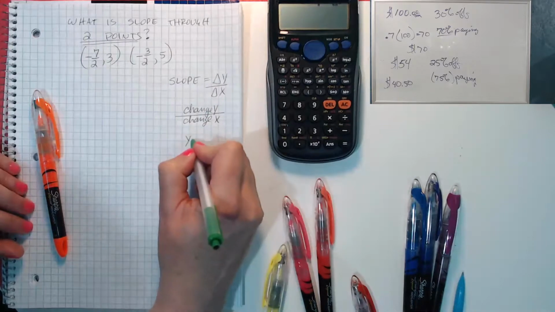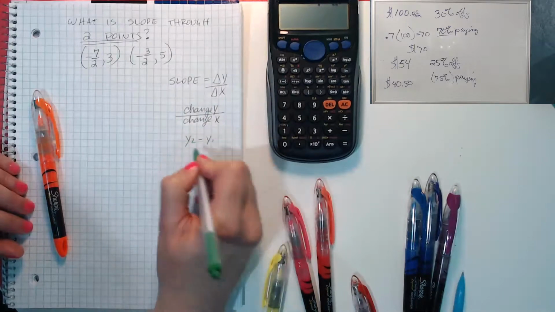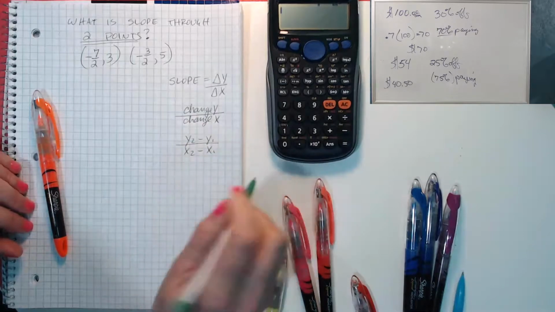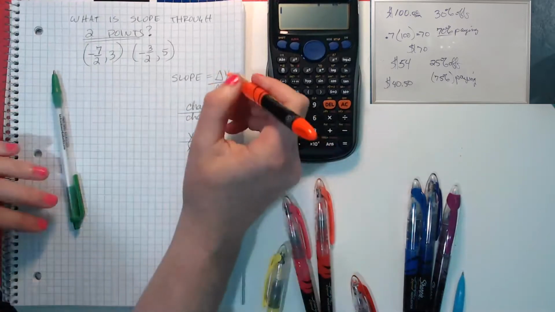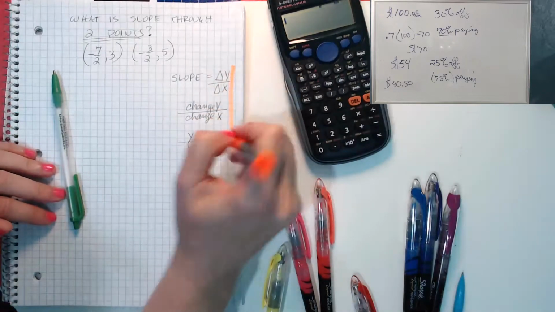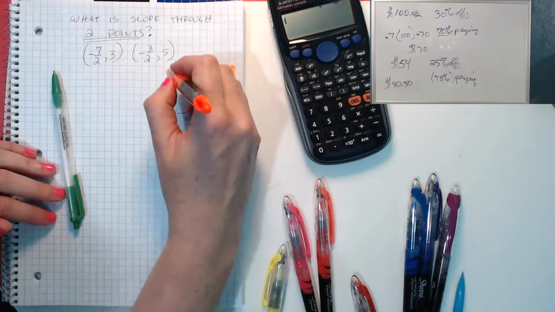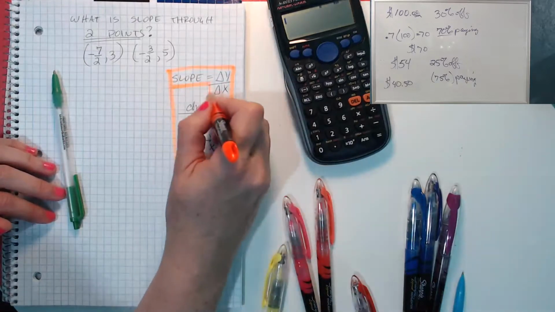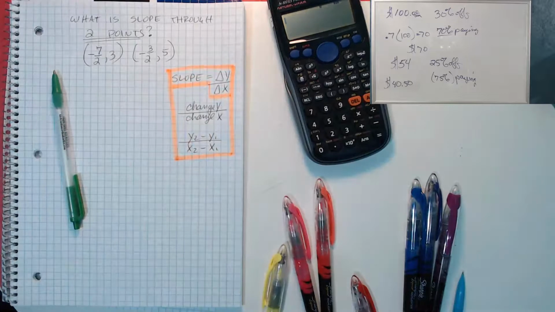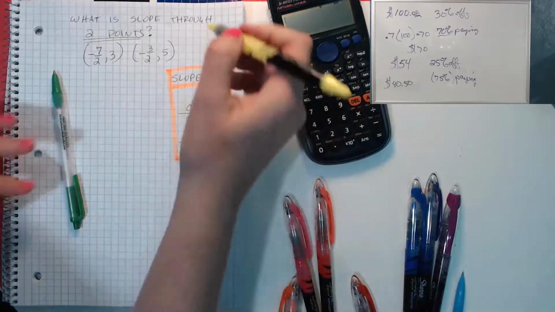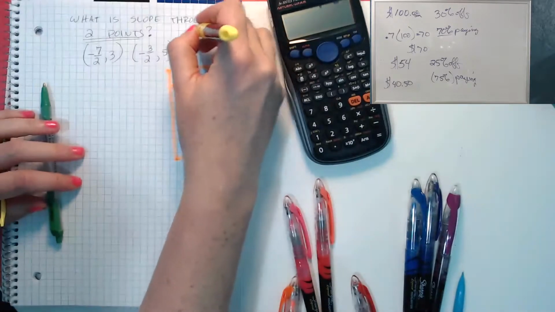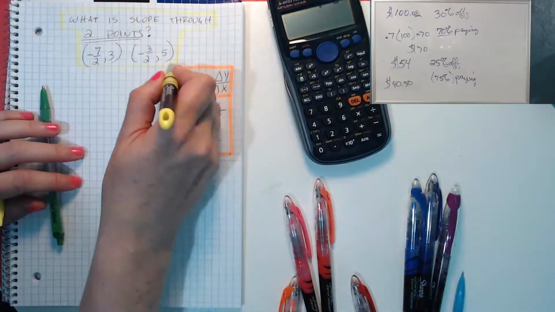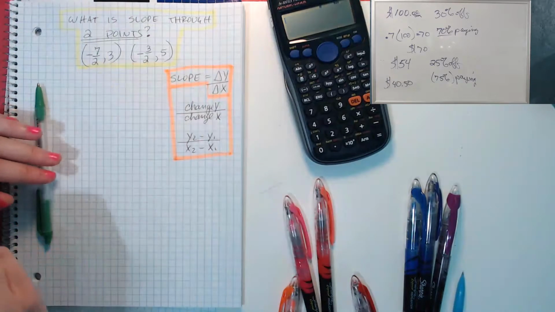It's also saying y2 minus y1 over x2 minus x1. This is definitely something you want to memorize, and I'm going to show you how it's not really that bad. This is something you're just going to put in your calculator and you'll have the answer.